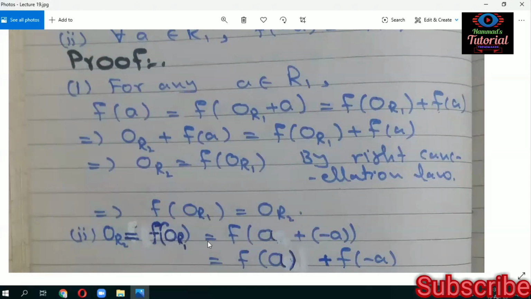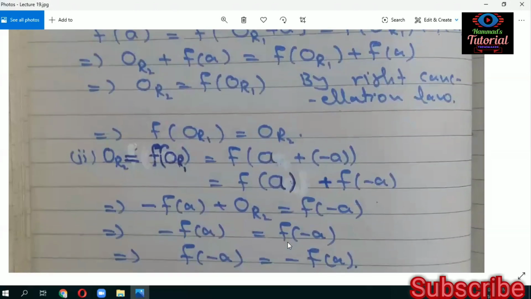So F of 0 R1 is equal to F of A plus minus A, and as F is a homomorphism, it preserves the addition, so F of A plus my additive inverse minus A will be equal to F of A plus F of minus A. Now look here, this F of A will become minus F of A when it is shifted from right to left.